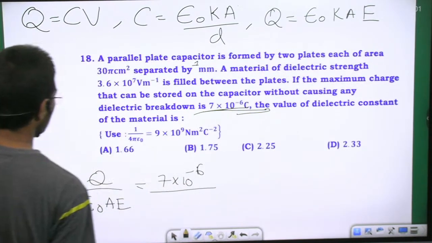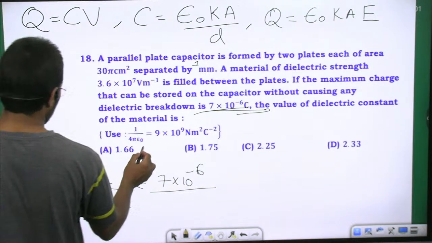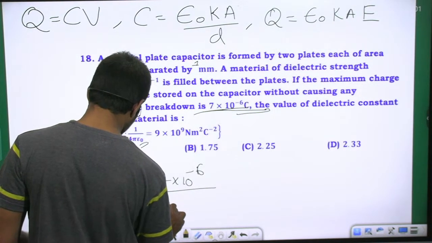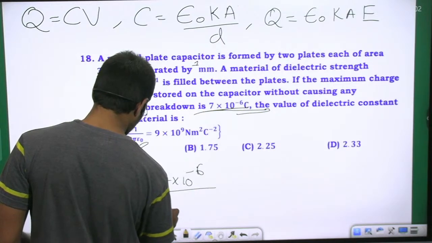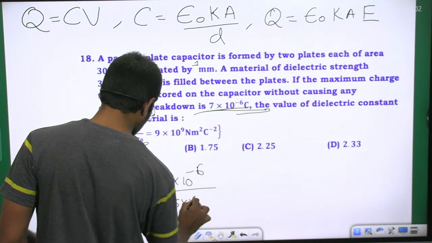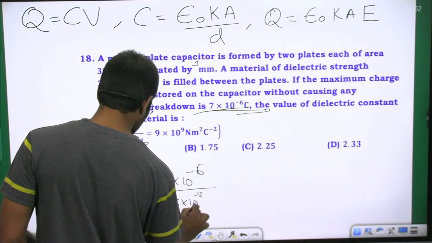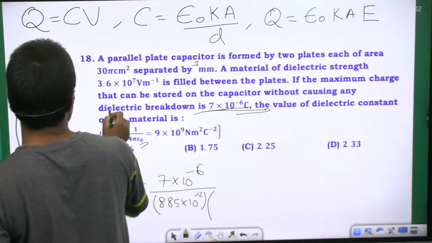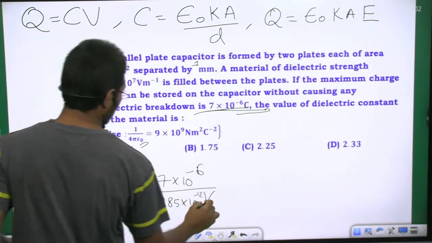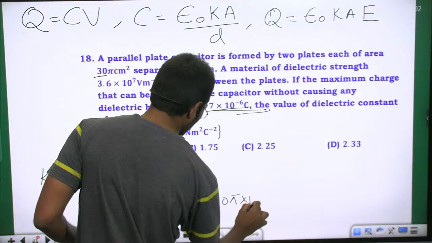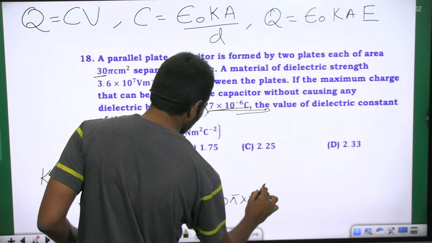Epsilon naught, we get as 8.85 into 10 power minus 12. These are basic substitutions. What is the area? 30 into 10 power minus 4, converting it into meters.